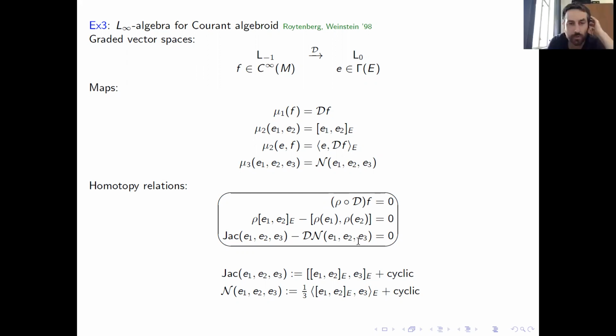Yes. If I have a Courant algebroid, then there's a Ševera class associated to it, like the closed three-form. Is there a way to see that nicely in this picture, or is it just kind of hidden in there somewhere? Oh, yeah, I have no idea. I never thought about it. So for me, well, here you don't see anything. Yeah, I mean, it must be sitting somewhere in the bracket.